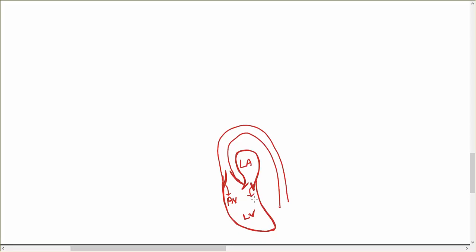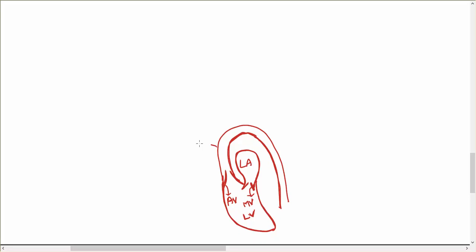So this is the left atrium, this is the left ventricle, this is the aortic valve, and this is the mitral valve, and you all know this is the arch of aorta. From the arch of aorta, three major vessels come.